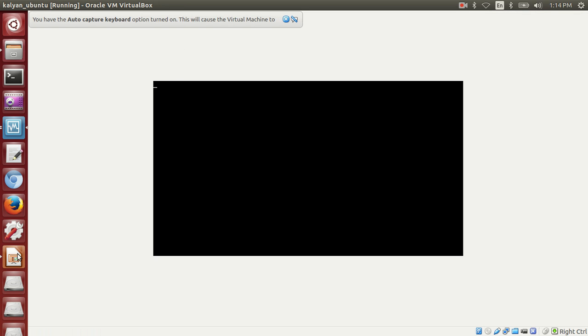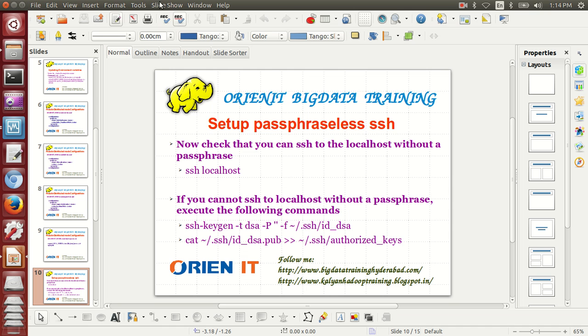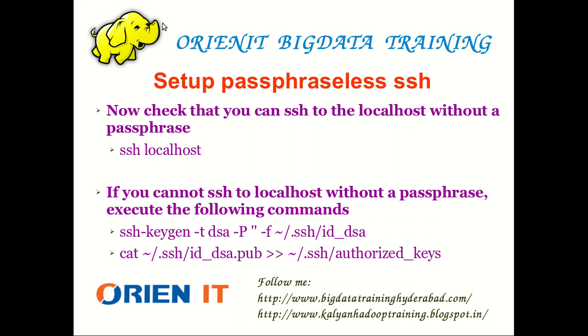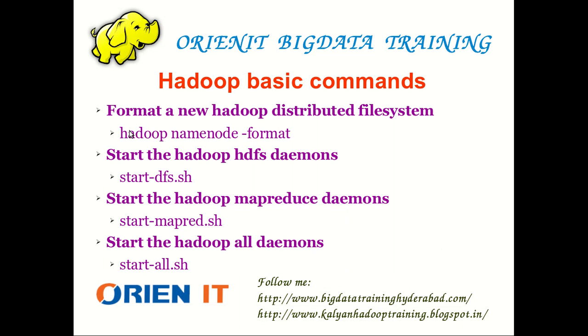So meanwhile, just recall the points we discussed through the PPT also. So we disabled the password. Then after that, the first command we gave is hadoop namenode -format to format the Hadoop distributed file system.